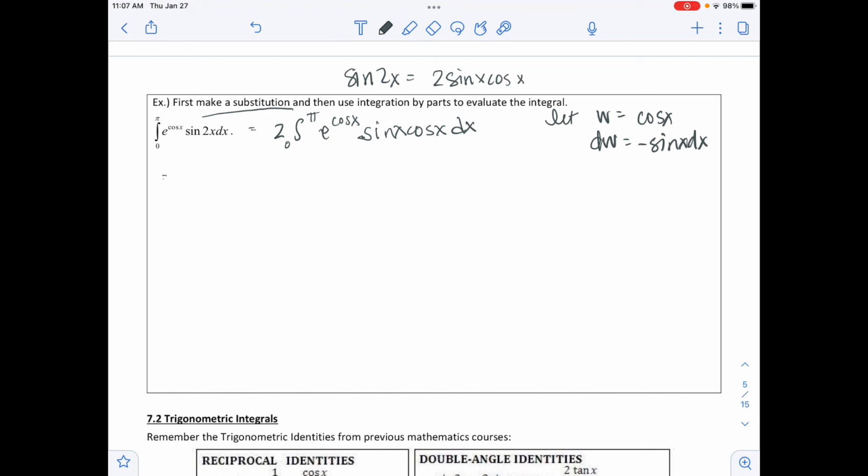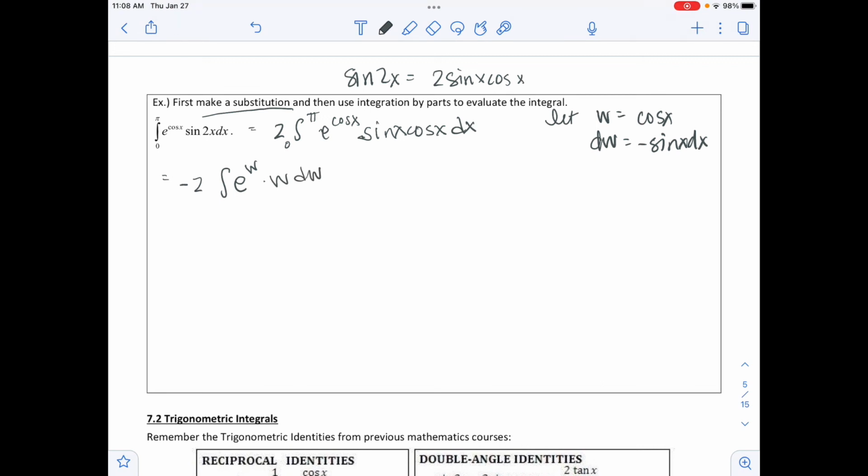And so now this problem is going to become 2 times the integral, and yes, my limits of integration are going to change, and I'll do that in just a sec. It's going to be e to the cosine of x, which is just w. And then I have sine x cosine x, and so that's going to be negative, I'll put that out in front, times w dw.